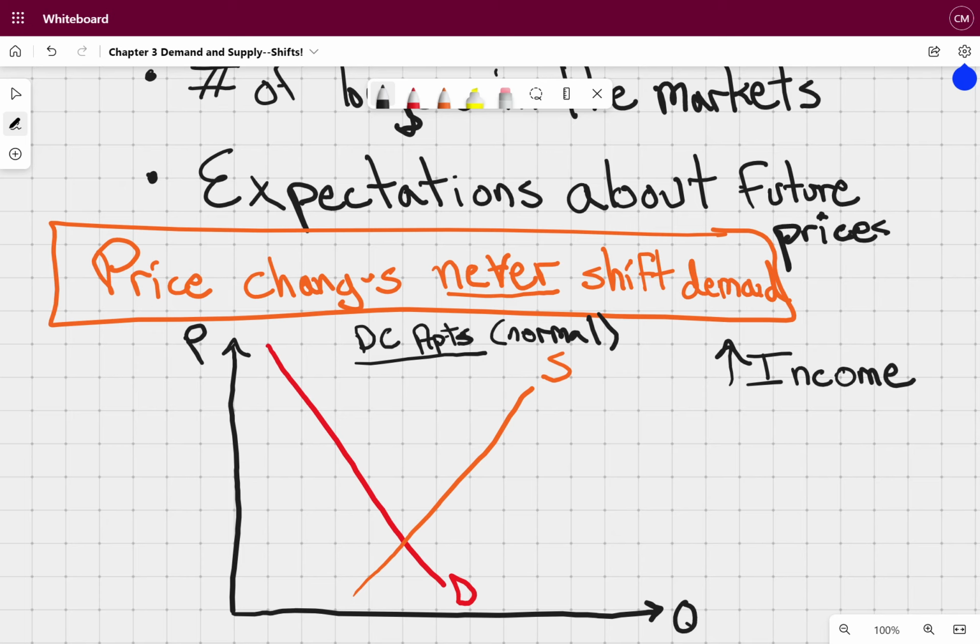People are going to want to decrease their commute. They're going to want to be in a safer area than they might be, right? There's a lot of places in DC that are unfortunately not terribly safe. I did an internship there, so I know. And so as a result, there will be a shift outwards in the demand curve.